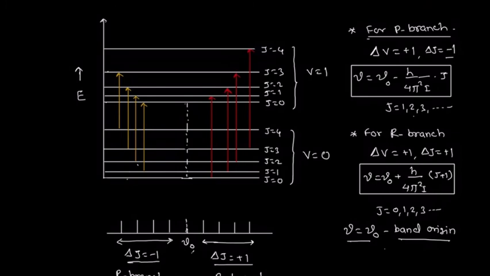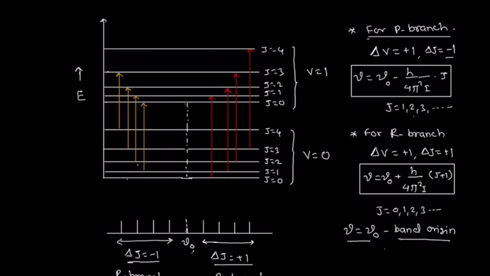For the P branch, which is on the lower frequency side, delta V is plus 1, meaning the only possibility is V equal to 0 to V equal to 1. What is the absorption of radiation from lower to higher state? V equal to 0 to V equal to 1. Always it is positive. But the transition in rotational level can take place.